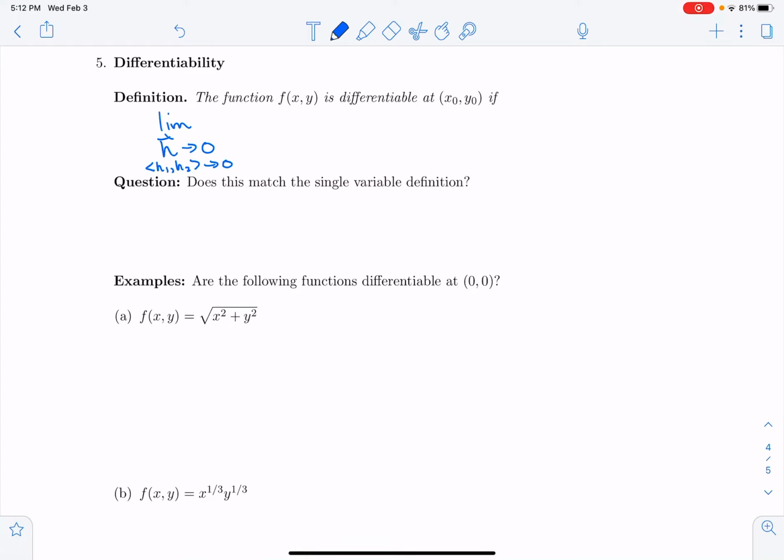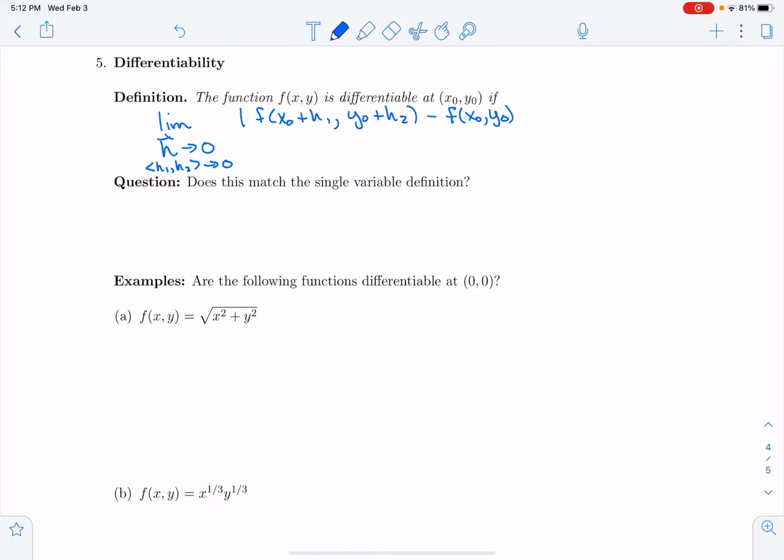So that's going to be the limit of f of x0 plus h1, y0 plus h2. So we're going to add a little bit to both x and y. We're going to subtract f of x0, y0.